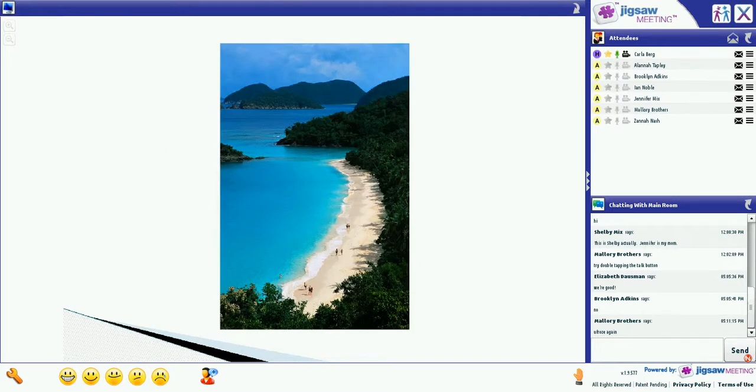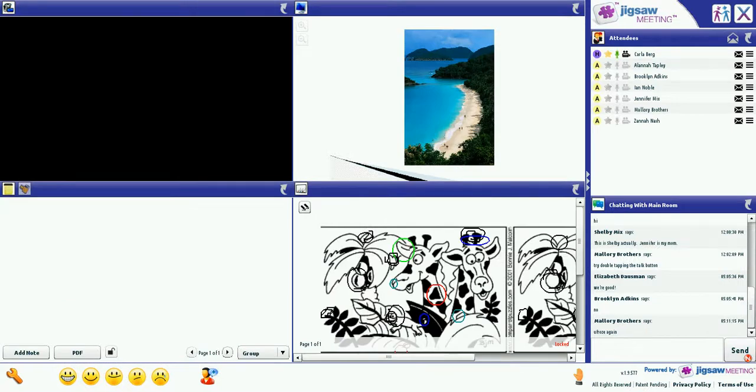Now here's a picture of a beach. What are some observations that you can make about this beach? Go ahead and raise your hand. Go ahead, Alana.